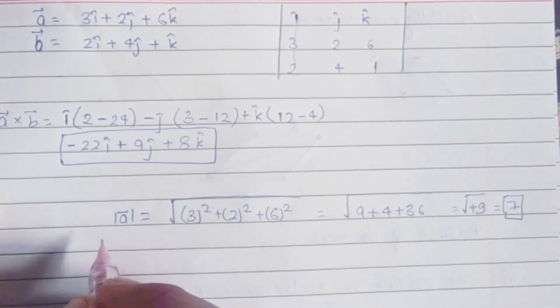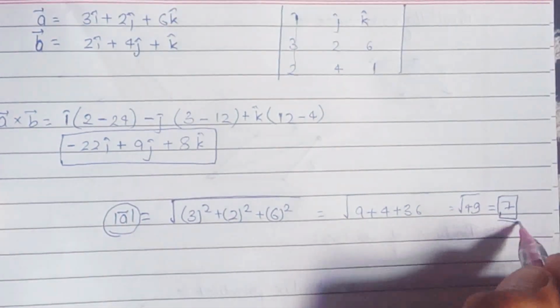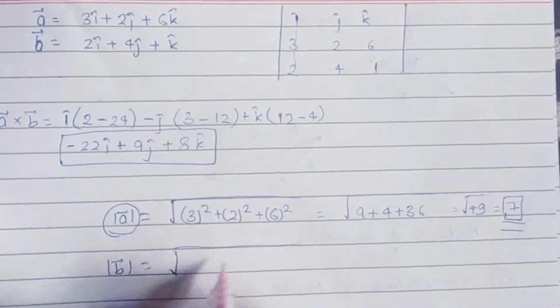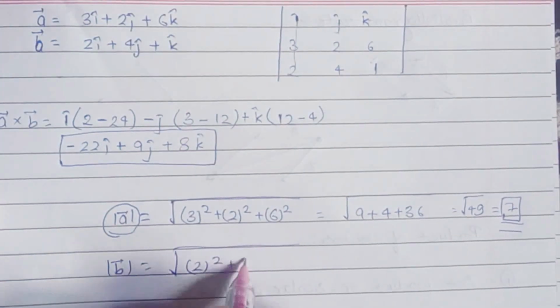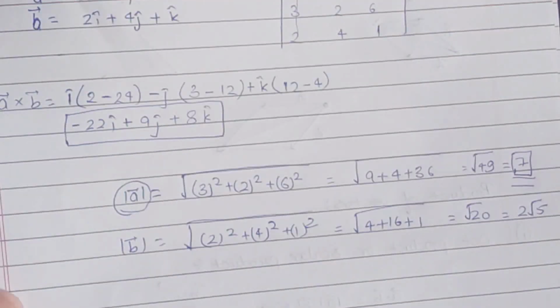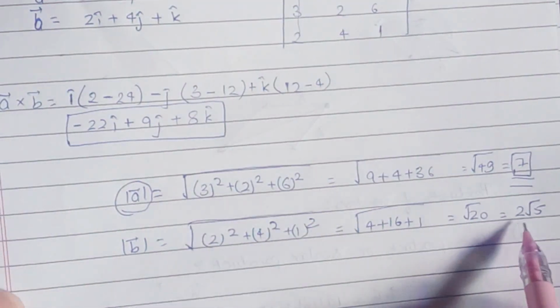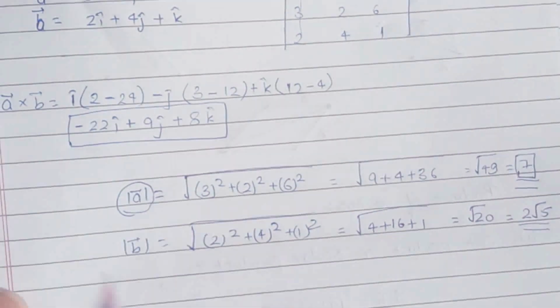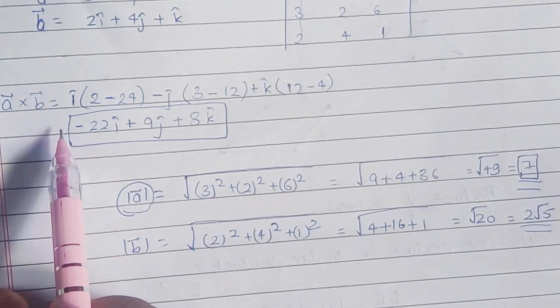So the magnitude of a vector is 7. The magnitude of b vector is equal to root of 2 square plus 4 square plus 1 square, so the magnitude of b vector is root 21. In this way you can find magnitude, and in this way you can find a cross b.